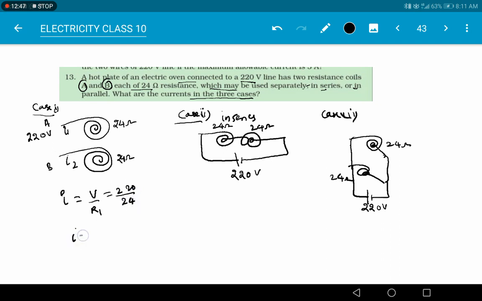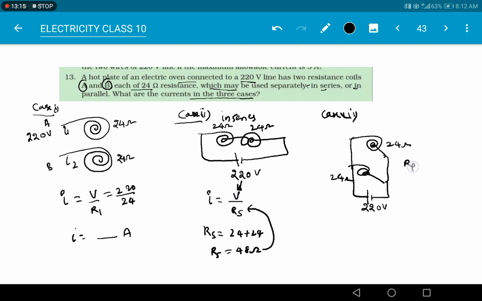Simplify this, you will get the answer. In coil 1 and coil 2, in both cases the same current is flowing. And what about series? To find the current in the circuit, we should find the effective resistance in series. So effective resistance in series is 24 plus 24, 48 ohm. So use this 48 ohm here and the V value and simplify that.